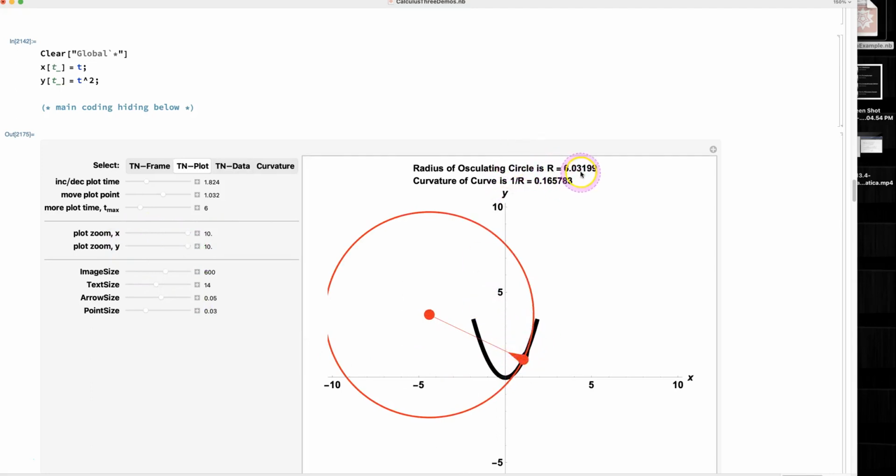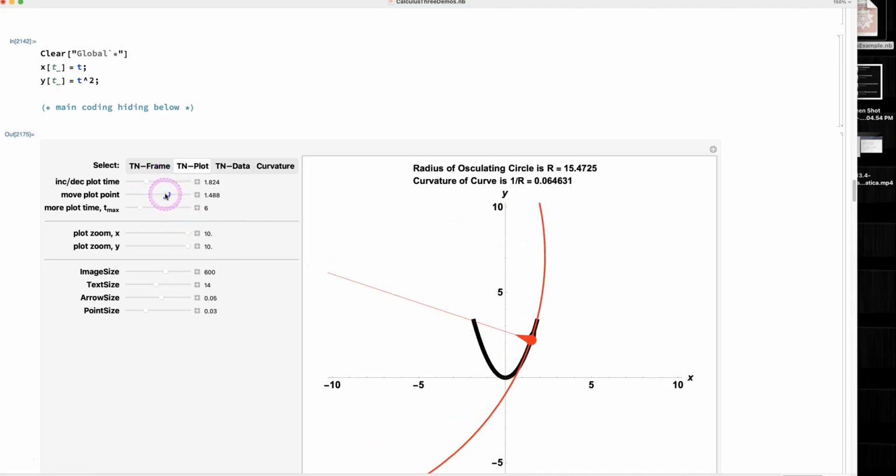So the larger the radius of the circle, the smaller the curvature is going to be, which is kind of matching your intuition. A small curvature means that the curve is not bending very much. Okay, so if you were to move to a much flatter part of the parabola, the circle is quite big, so big that it's going off of the screen.